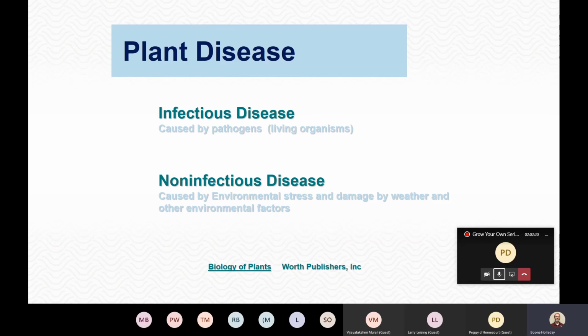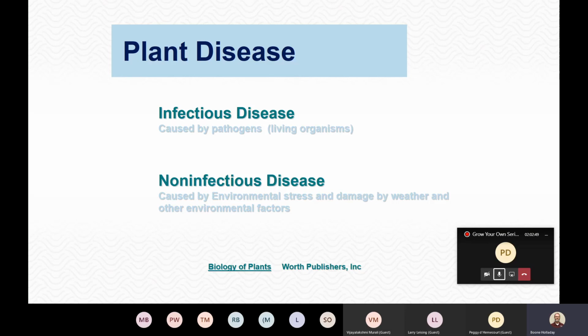With diseases, we have infectious diseases and non-infectious diseases. Some of these are just going to be plant specific. These are going to be just caused by stress, by other damages, other factors that maybe we've created. And then there's going to be diseases that tend to be caused by living organisms, such as virus, bacteria, and fungi.